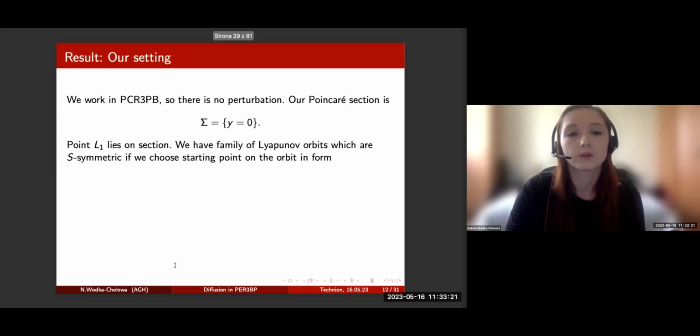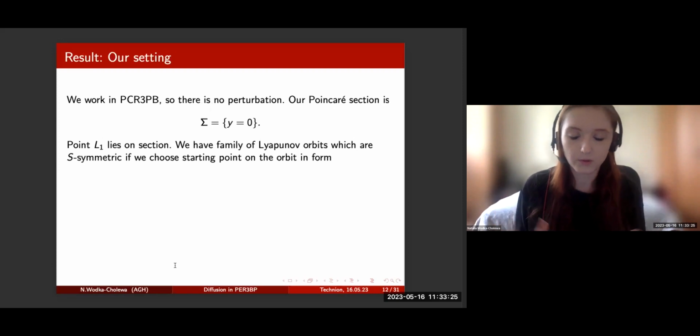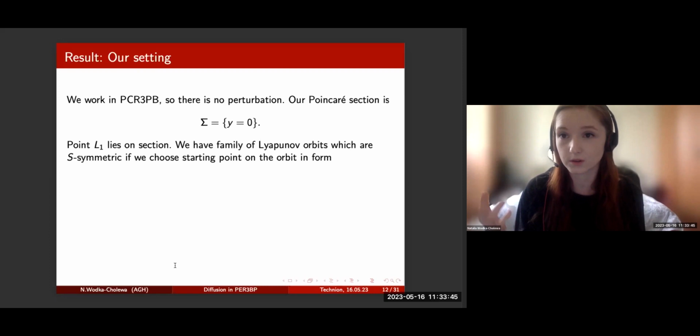Okay, so in our setting, because everything before was to prepare us to understand some of the objects and know what we are talking about, now we have our setting for our Jupiter Sun system and everything that we have in our setting. So we work mostly with the circular problem. That is a good thing, because after the perturbation, who knows what's going on there.